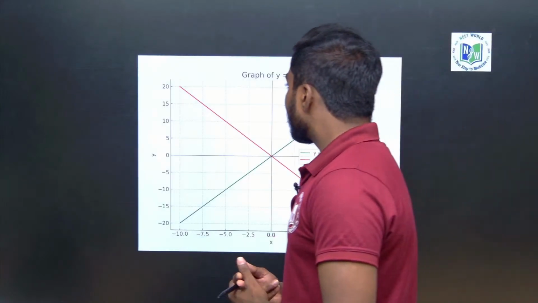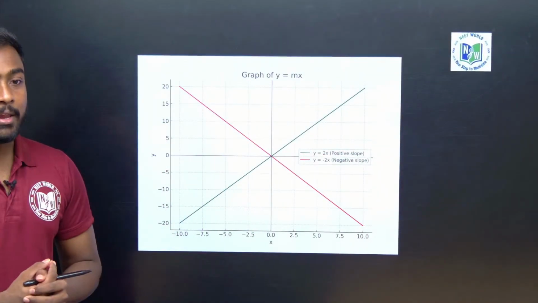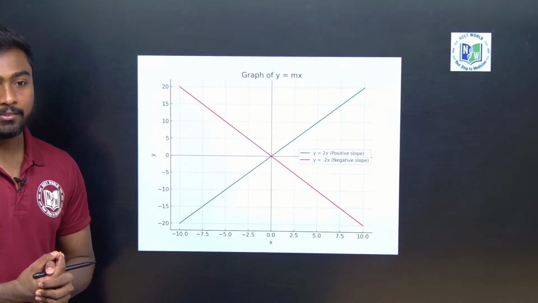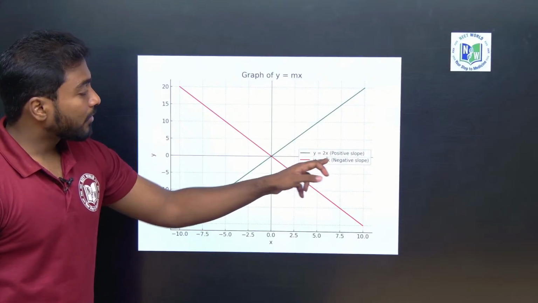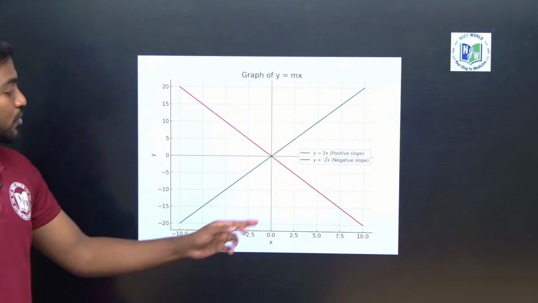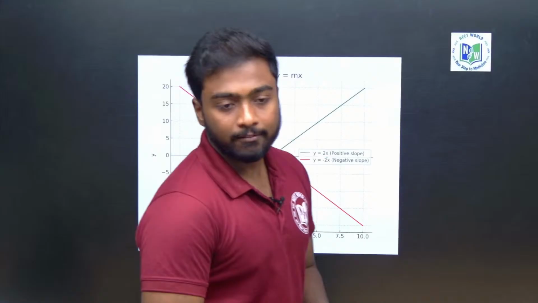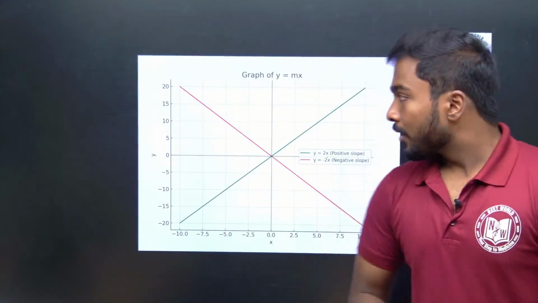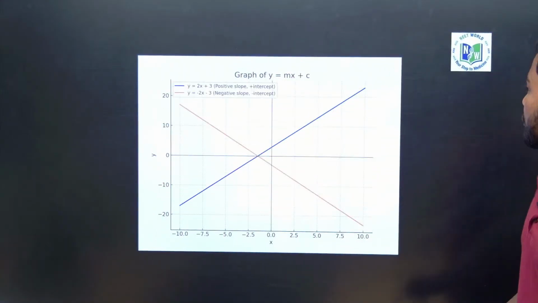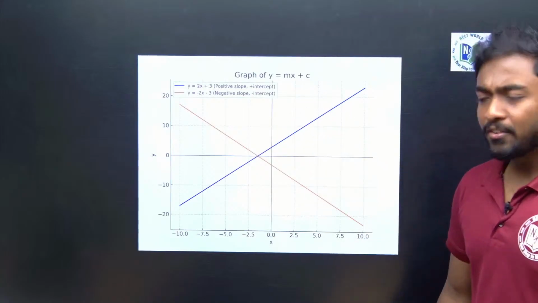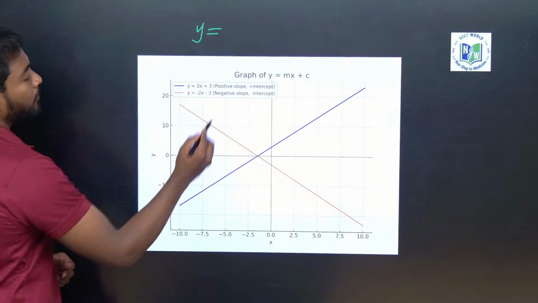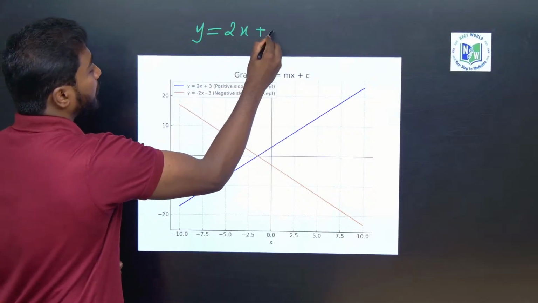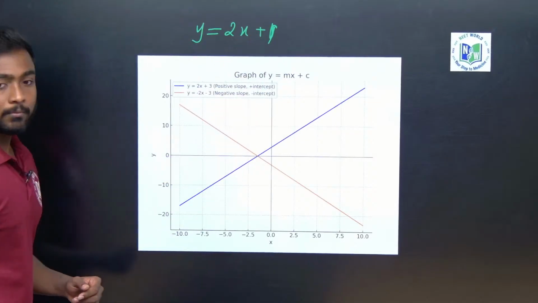So this is the graph for y equals mx. Okay. If I take y equals 2x, the slope is positive; y equals minus 2x, the slope is negative. Okay. Next one, y equals mx plus c. For example, y equals 2x plus 1.